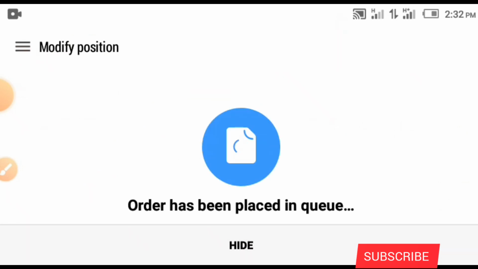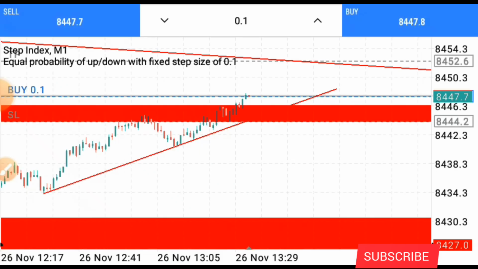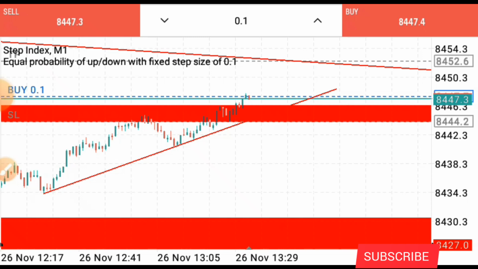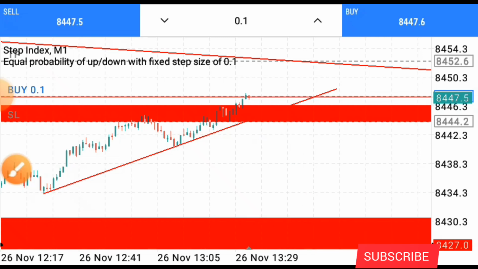But normally I shouldn't be taking any trade there, but who knows, it might go my way and it might go against me. And if it goes against me, I already know what to do. I'm going to be selling from this area here. If it hits my stop loss, I'll wait for the retest and then I'll sell down here. So this is how we play with the market.